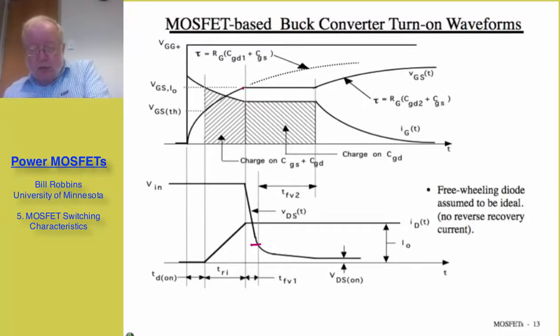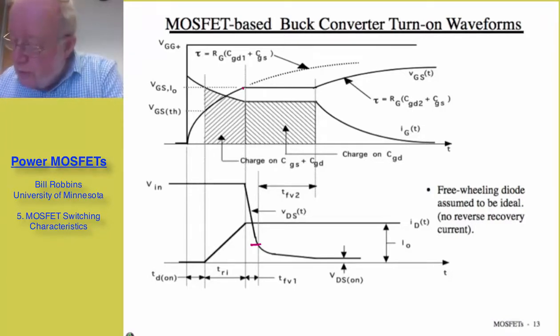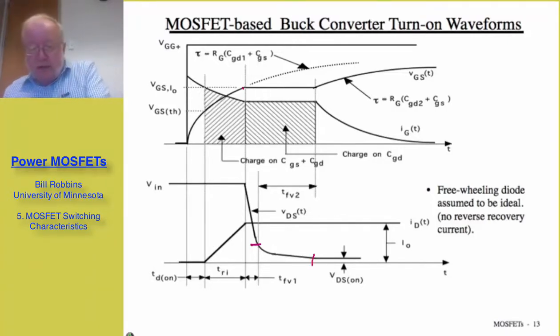And so in a two-parameter model, such as I illustrated earlier for the capacitance, we then have to use the gate to drain 2 value, which is much larger, and hence a much shallower slope to the final on-state value of drain to source voltage.